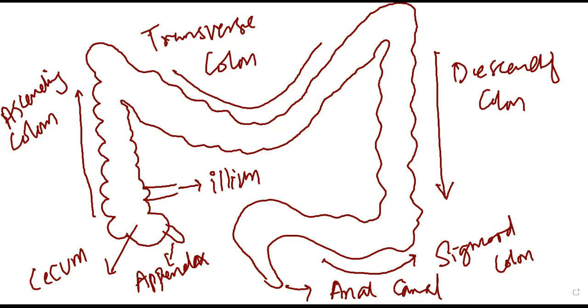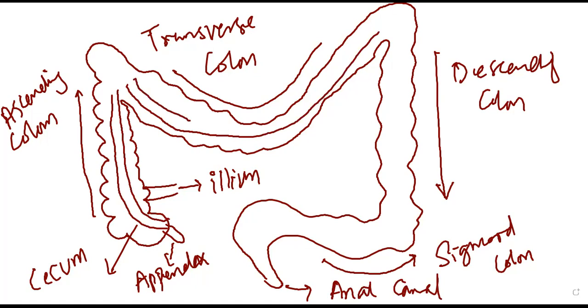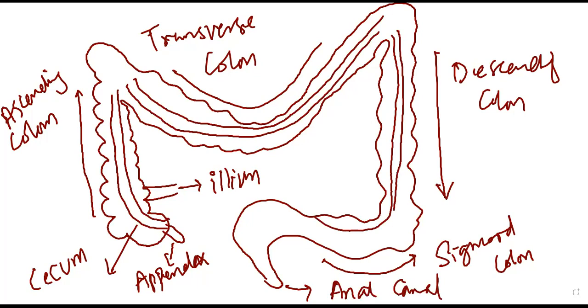From the ileum, from the appendix here, a line goes upward, and then takes a curve like this, and then comes to the descending and the sigmoid colon. And this portion which I have drawn is the taenia coli.